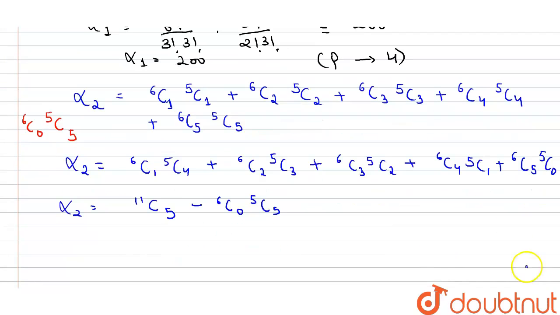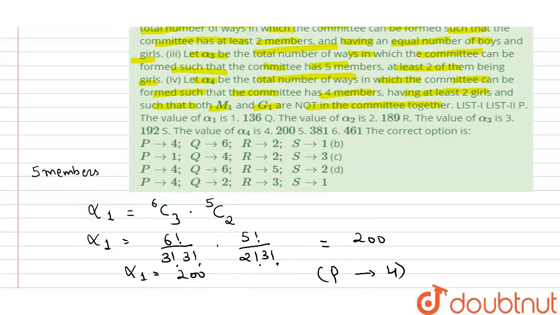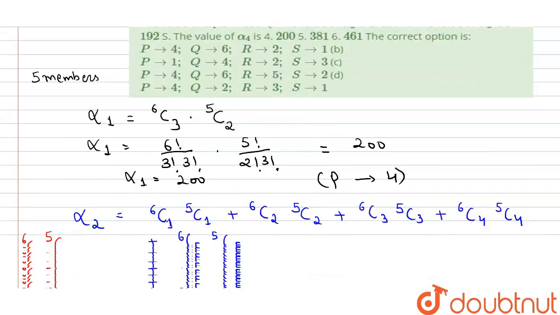And now when we solve it, our value of alpha 2 will be 11C5 minus 1. So alpha 2 equals 461. When you solve it, the value of alpha 2 is 461. So according to the options, 461 means for Q, that is the value of alpha 2, 461 is 6. So for Q there is 6.